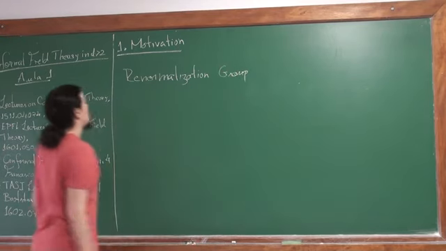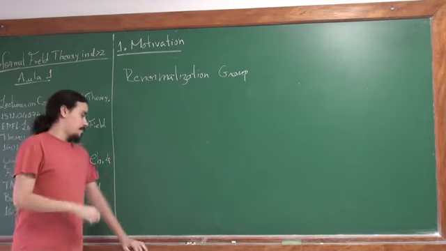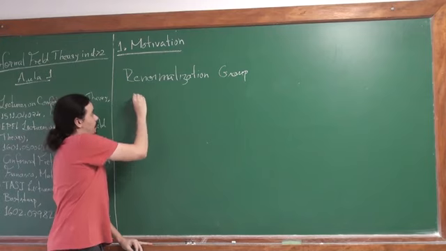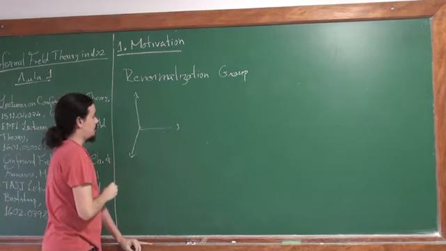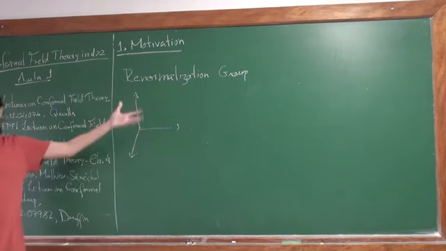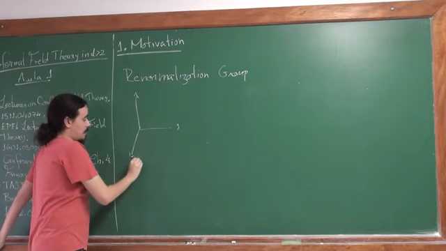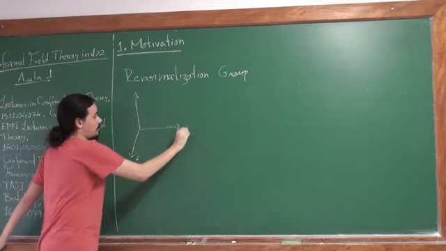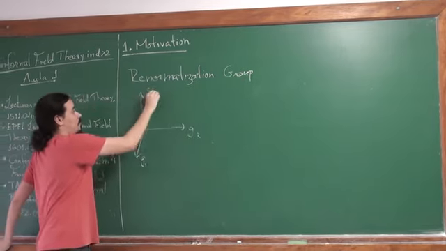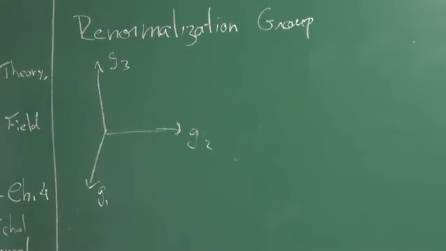For the motivation, the renormalization group tells us that we have a space, in fact an infinite dimensional space. You could label these axes by the coupling constants of the theory, the Lagrangian.